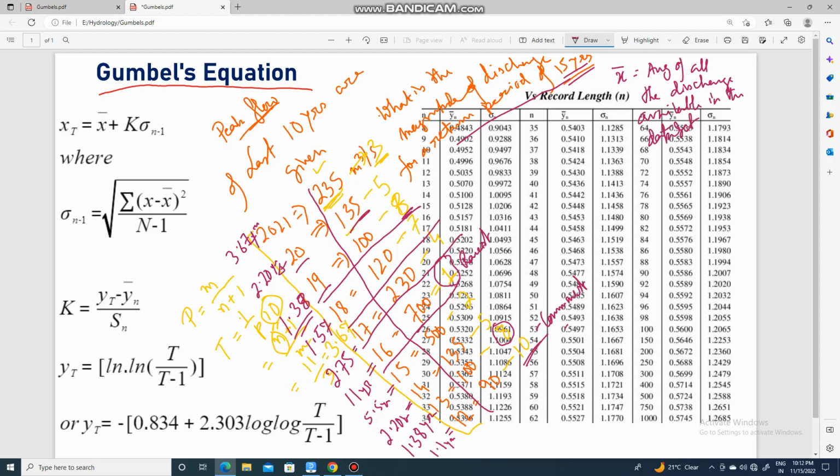The data set means this 10 number of discharges is the data set. So you have to find the mean of this data set, and you also have to find the standard deviation of this data set.